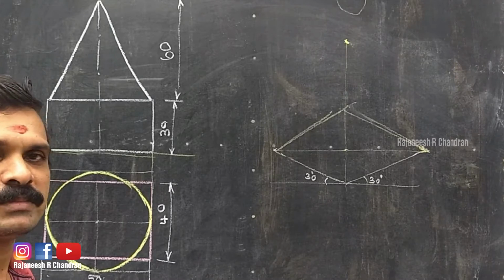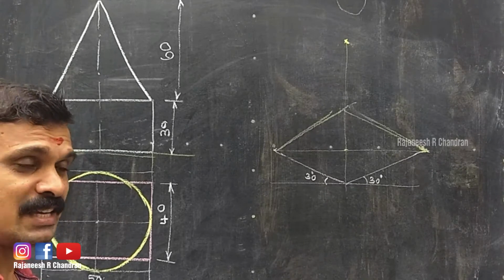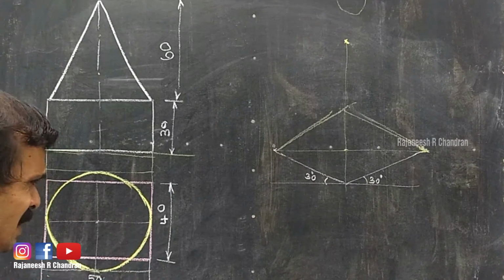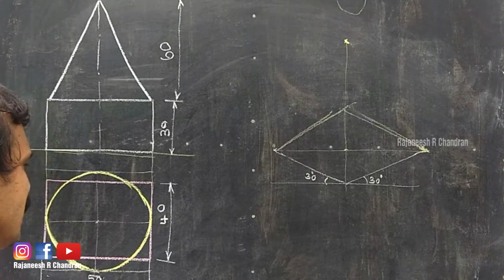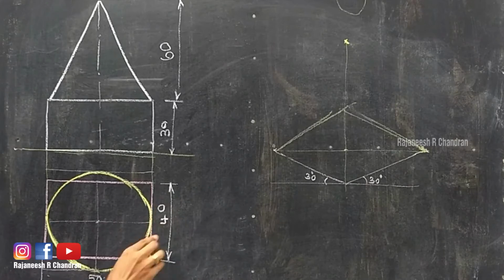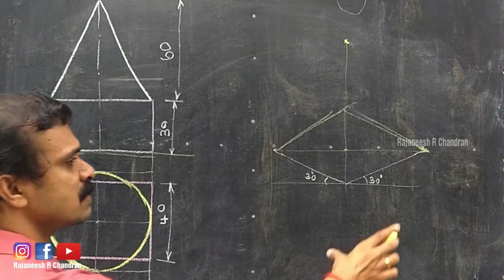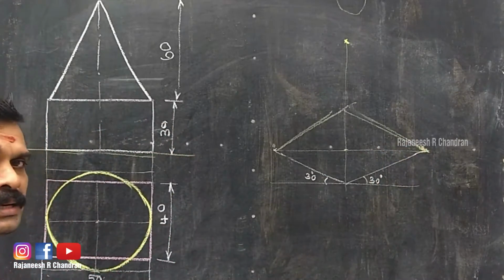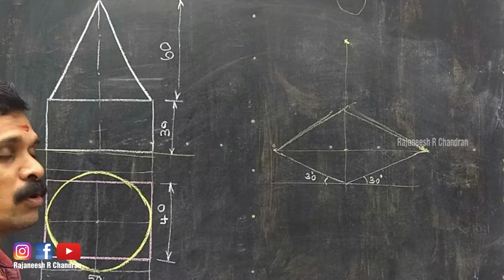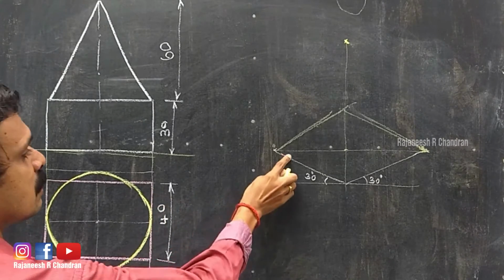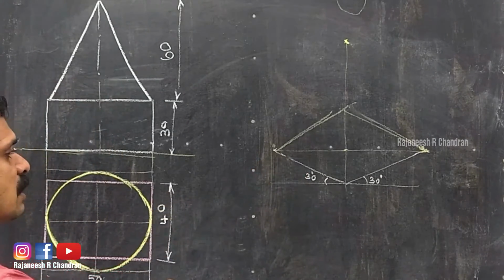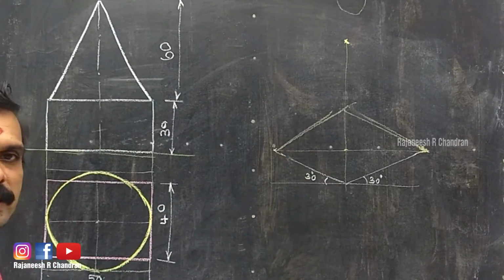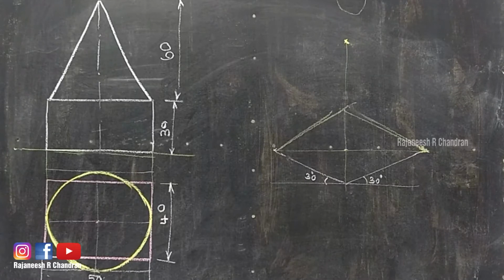Now that is the important thing. That is why we started from the cone. See, in the top view you can see only 40 here and 50 here, which means this 50 will be there considering the rectangular block, but for the 40, only that amount will be like here. So how can we obtain that point?